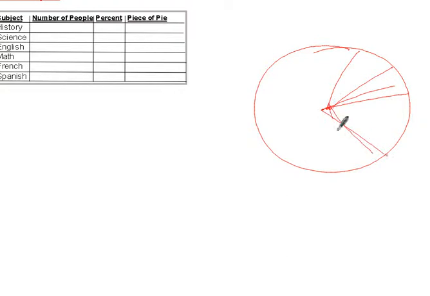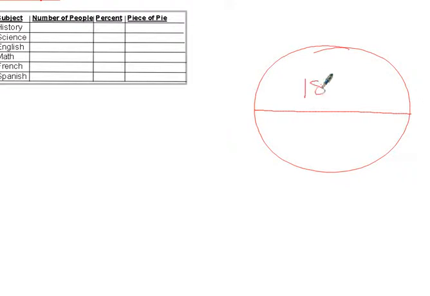If I drew 360 parts and split them evenly, that would be 360 degrees.